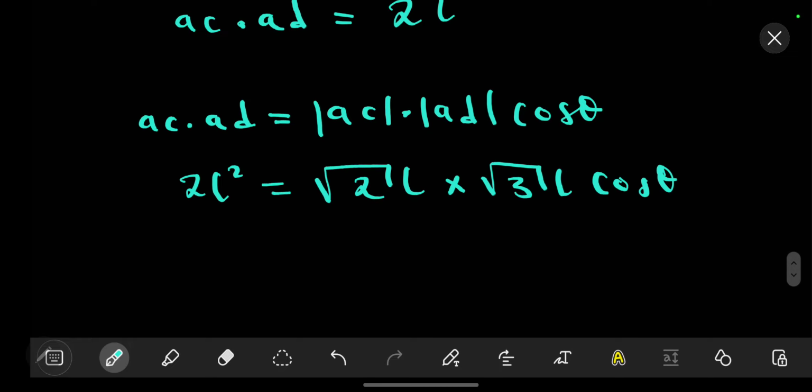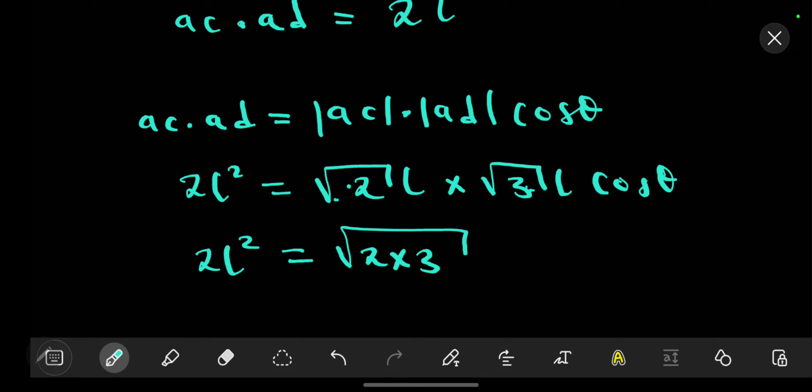So first we have 2L squared should be equal to, the way radicals are, these that are in the square root can combine to say one square root of 2 times 3. If you don't know the radicals, you can just comment so that I can forward you the video. So we have L times L. Also these that are outside can also multiply, so we have L times L. Then we have the cosine of theta.